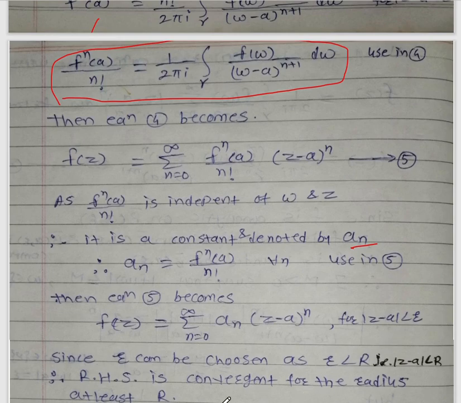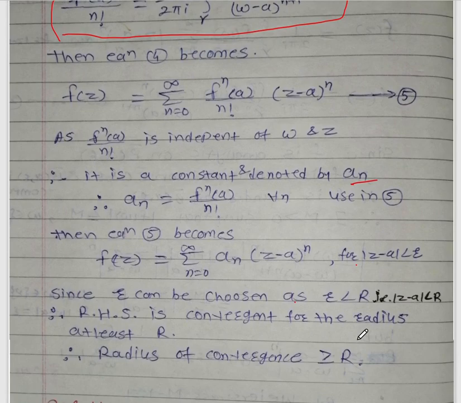But here r can be chosen as large as possible, so r can be chosen less than capital R, that is mod z minus a less than capital R. Therefore the RHS is convergent for radius at least capital R, so the radius of convergence is greater than or equal to capital R. So this is the complete proof of the given theorem.